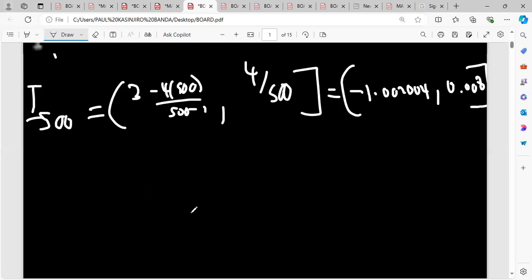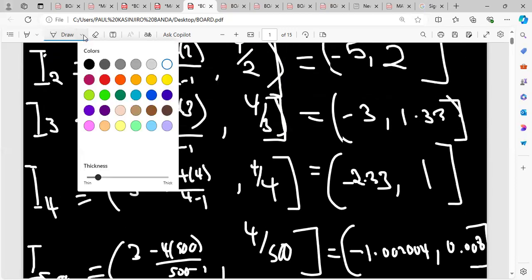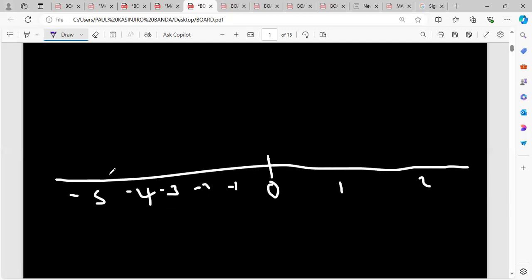And then I plot these points. So the first one is -5 to 2. The -5 is not included, but the 2 is, so you put it like that.